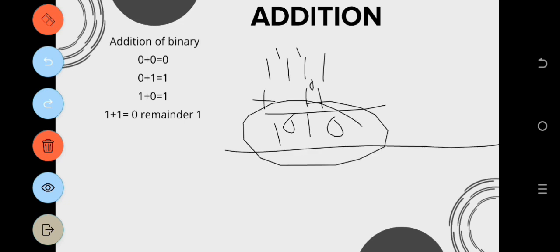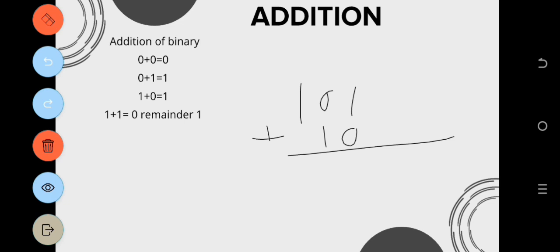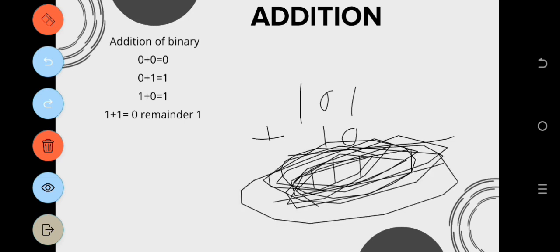Another example. 1, 1, 1, 0, and 1, 0, 1, 1, 0. Let's compute this. 1 plus 0 is 1, and 0 plus 1 is 1. Bring down 1. That's the solution.